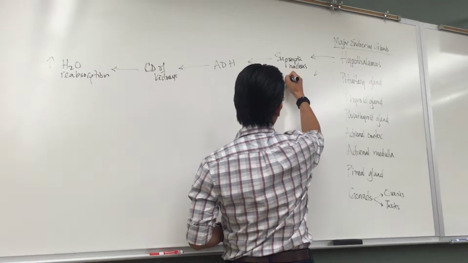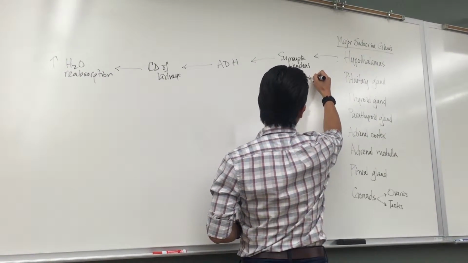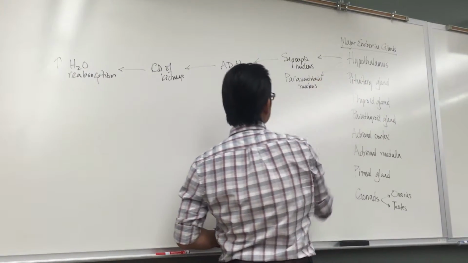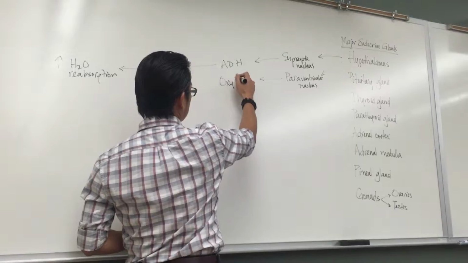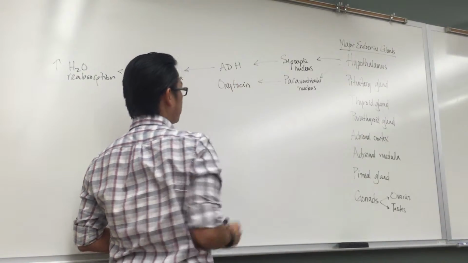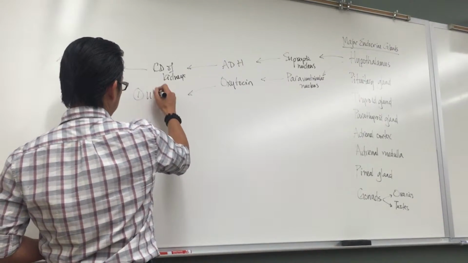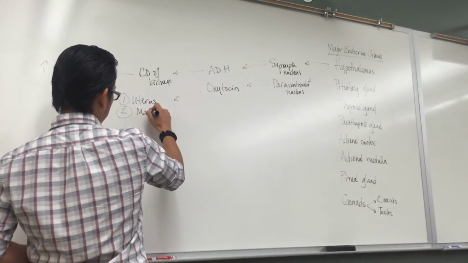Another one is your paraventricular nucleus. It releases oxytocin. Oxytocin goes to the uterus and mammary glands.